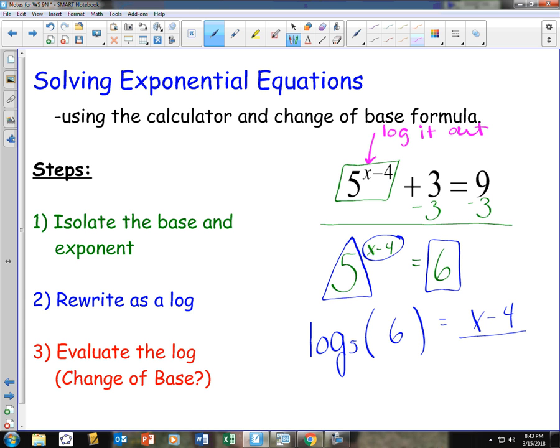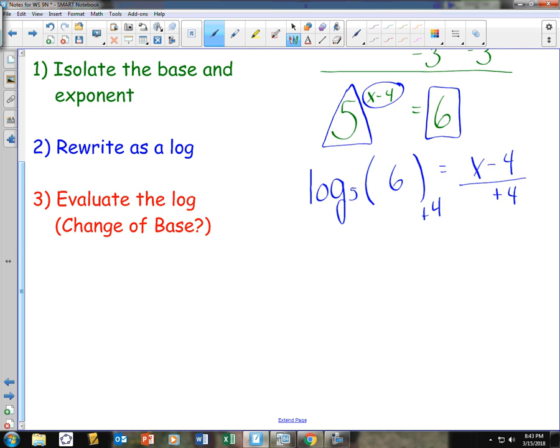And ultimately, I'm going to end up turning to my calculator here to get my final answer. This is log base 5 of 6, and then plus 4 is outside of the log. That's what my x value is going to be.